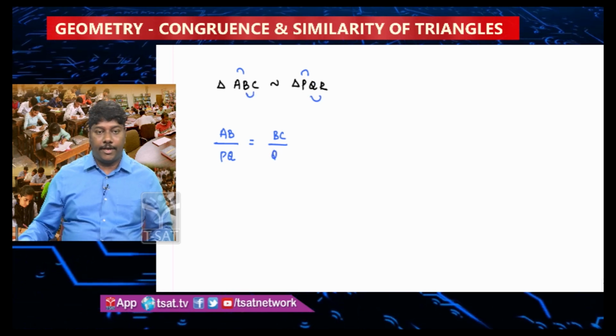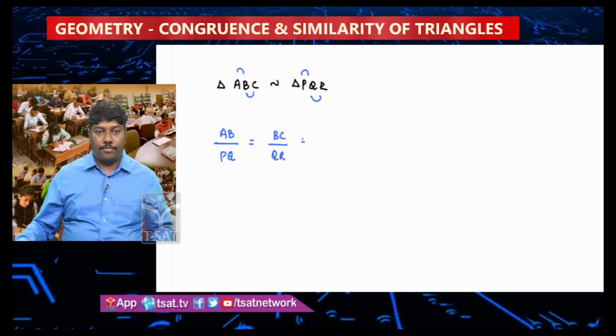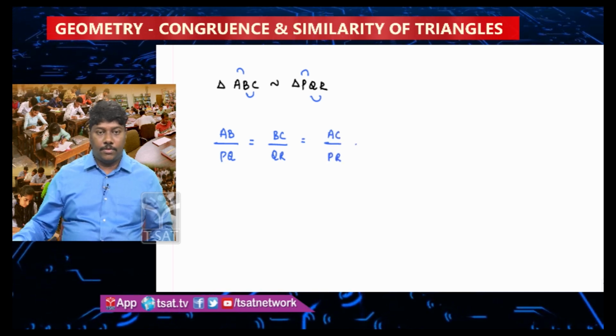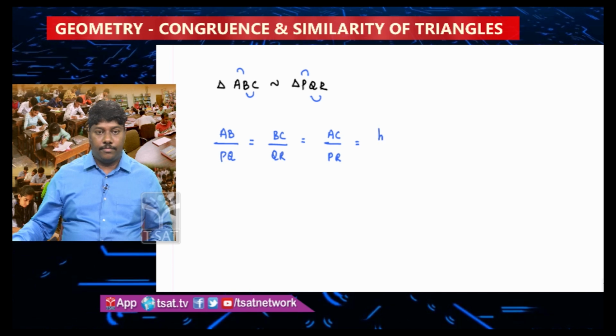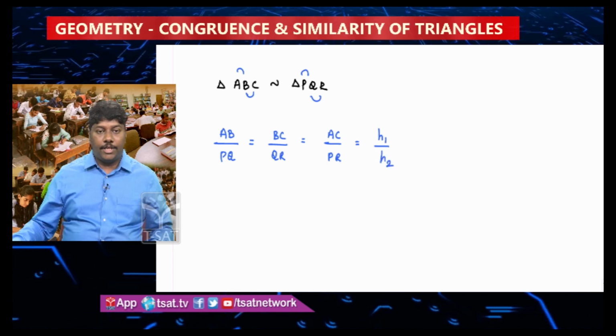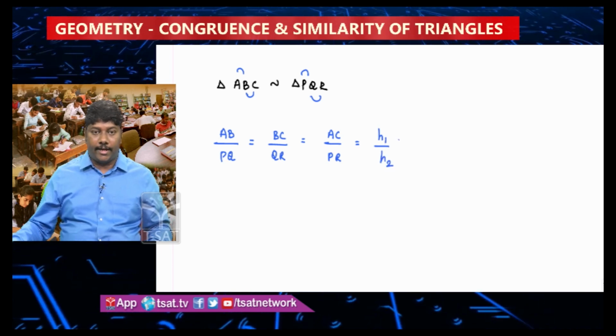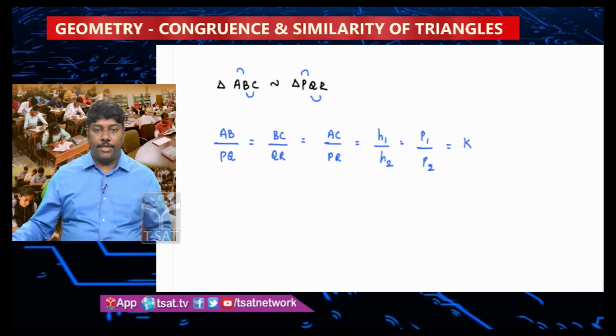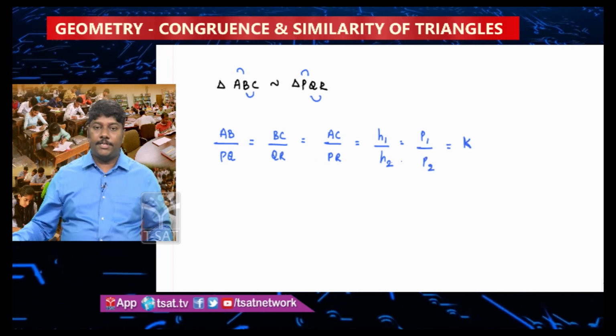Corresponding sides only you should take. AC by PR, which is equal to their heights, H1 of the first triangle and H2 of the second triangle. Their perimeters should also be in the same ratio. All these ratios are equal to K, which means they are the same.